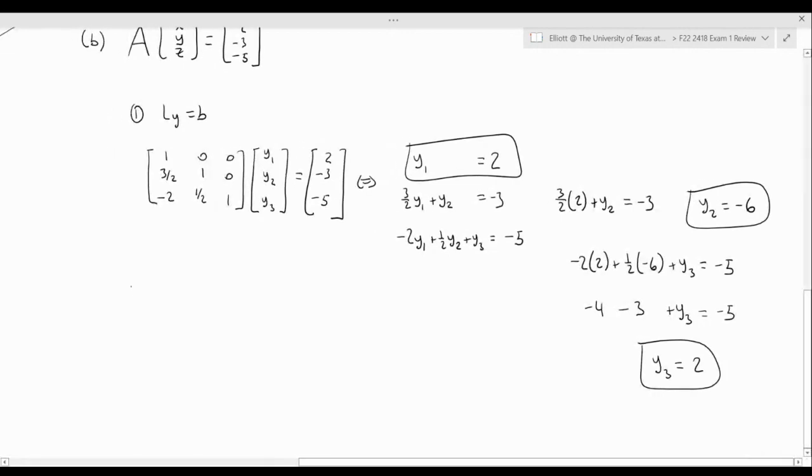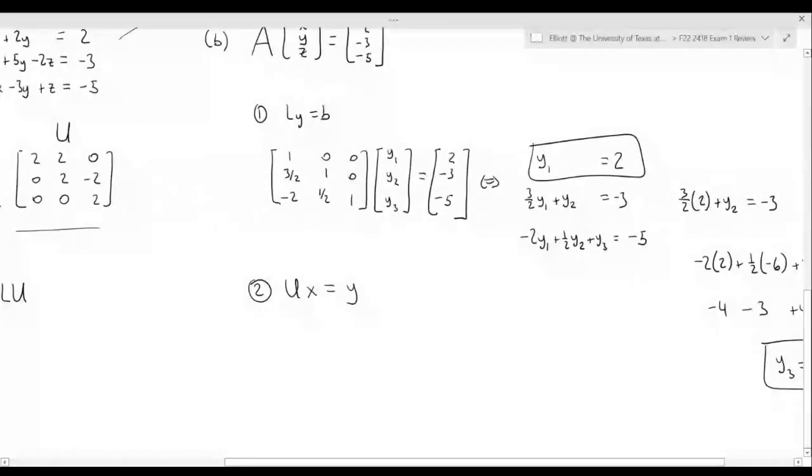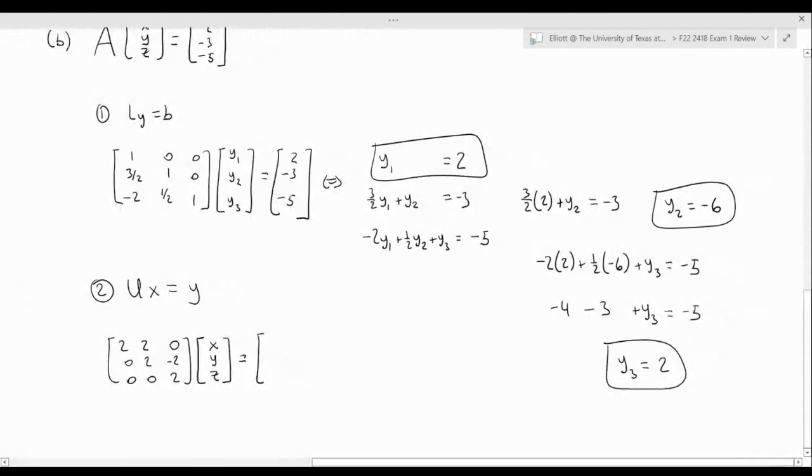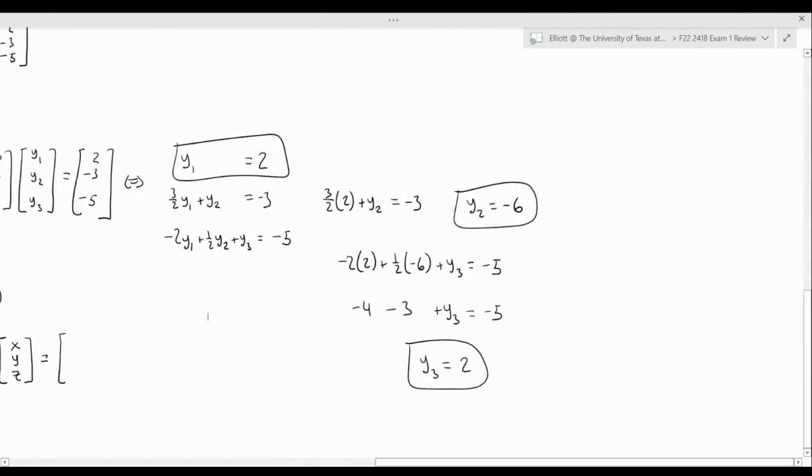Now that we solved for y, we still need to do U times x equals y. Okay, so then real quick, U, the upper triangular matrix that we found earlier. x is the vector of the original variables, x, y, z. And then y is what we just solved for.